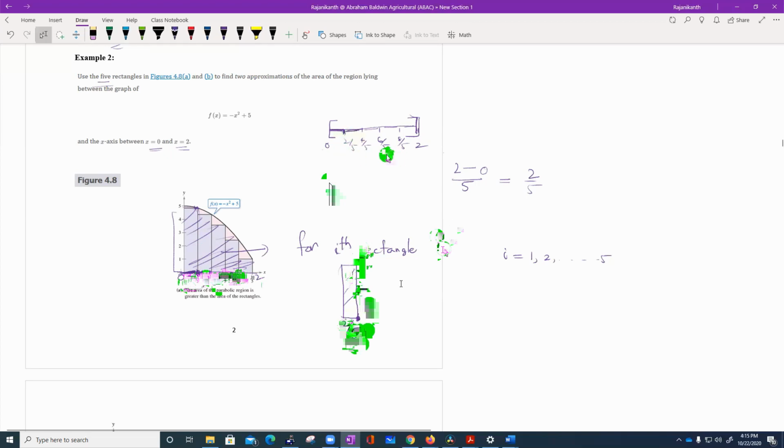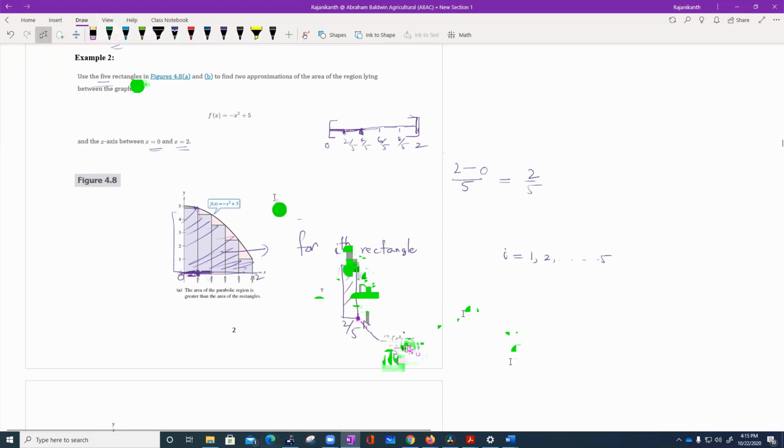For the second rectangle, the right end point is 2 times 2 over 5, which is 4 over 5. In a similar way, the right end point of my ith rectangle is going to be i times 2 over 5. That is 2i over 5, right?